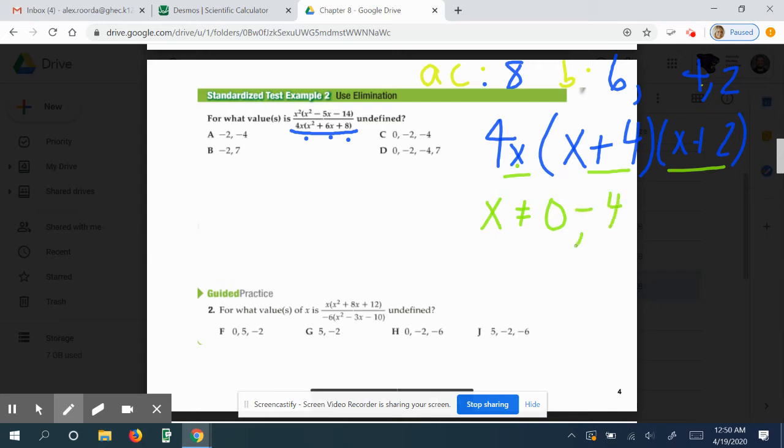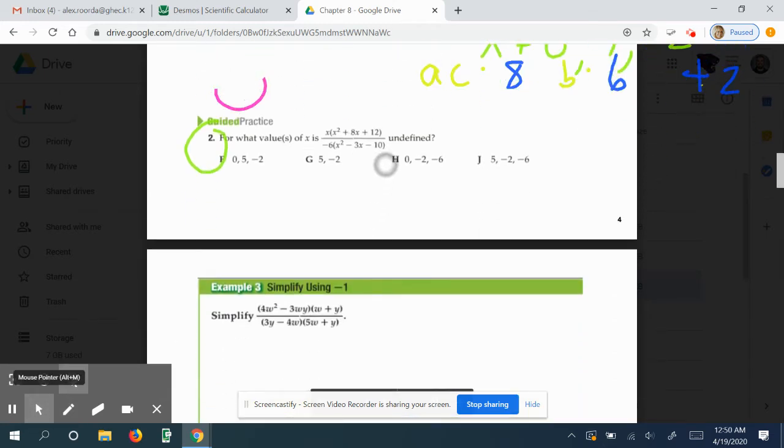Also -4, because -4 plus 4 is 0 and we don't want that. And -2, because -2 plus 2 is 0 and we don't want that, right? And so we'd end up saying that those are the three values that we don't want on the bottom, thus making it undefined. Okay, here's a guided practice problem for you to try as well.